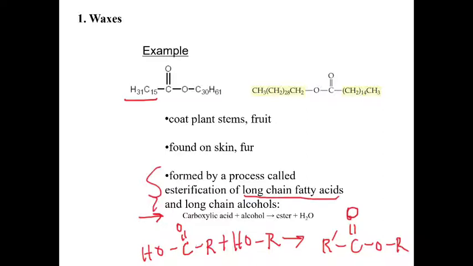The fatty acid here would have been 16 carbons long. The alcohol is also formed from long chain alcohols. The alcohol's on the other side, and notice there are 30 carbons there. So you have these super long carbon chains with hydrogens all over them.